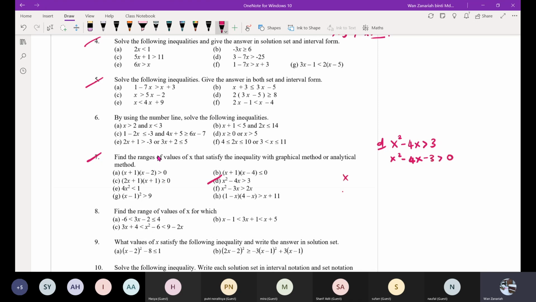So you factorize, what do you get? You get decimals, madam. Decimals. Which decimals? 4.64 and negative 0.64. Okay, fine. So x minus 4.64, x plus 0.64 greater than 0.